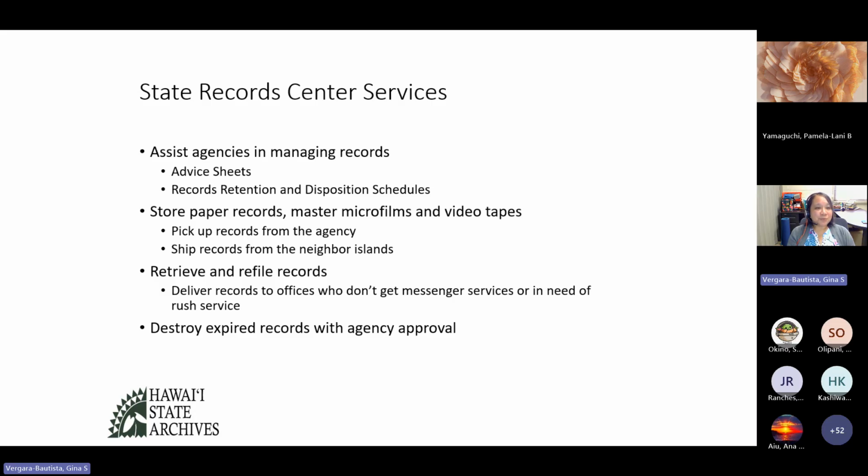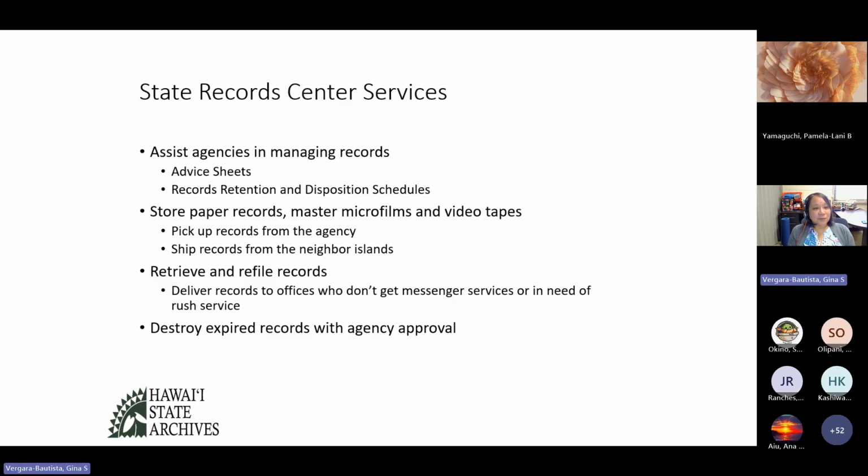We store paper records, microfilms, and videotapes in our microfilm vault. We pick up records from your agencies. If the records are coming in from neighbor islands and you're general funded, we actually have some funding to help you ship those records from your island to the State Records Center here on Oahu.